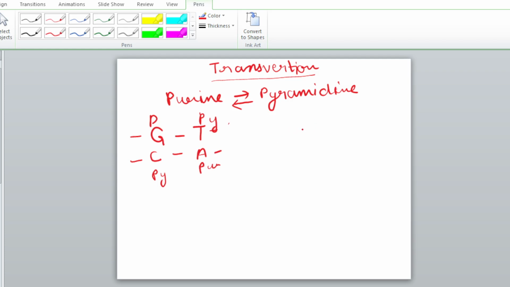There are some combinations, like GC changed into TA, AT changed into CG, TA changed into CG, and CG changed into AT. Here there are four possibilities.